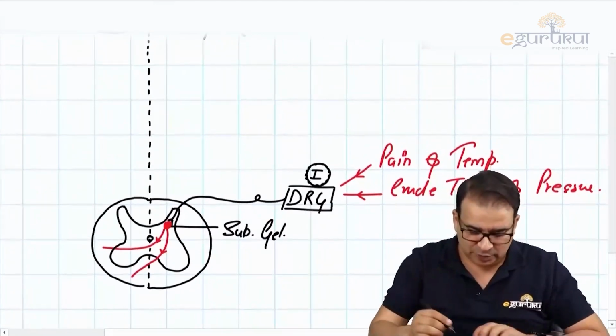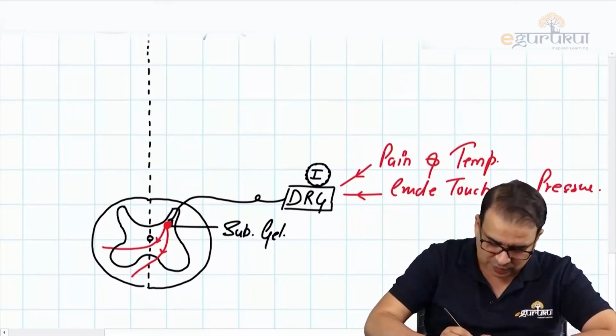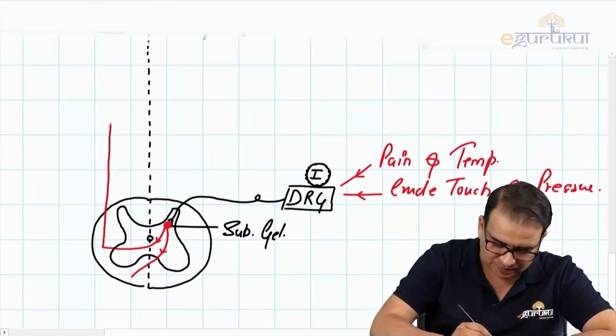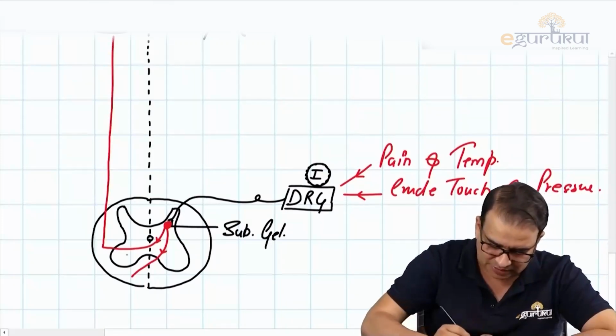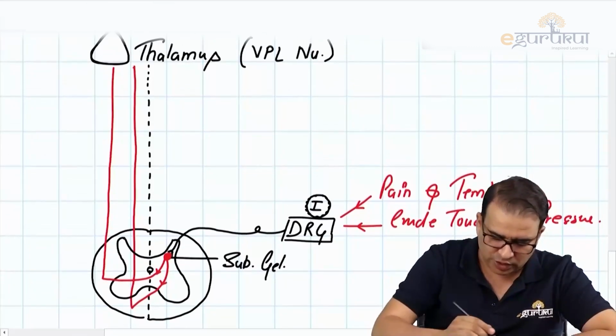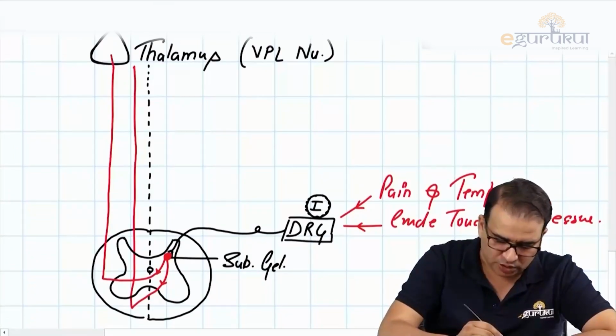So in their respective position only, you will see these tracts will ascend upward in the respective part of the spinal cord and the brainstem to reach thalamus. And they are going to relay in the thalamus. You already know which nuclei of thalamus we said, that is the VPL nucleus of thalamus.